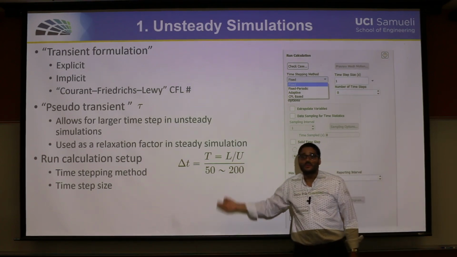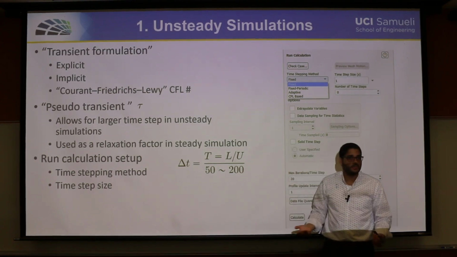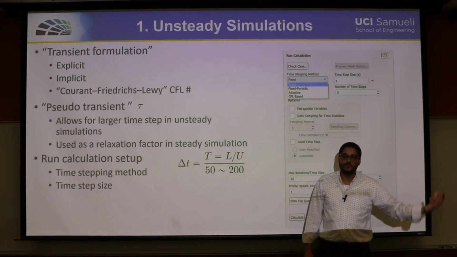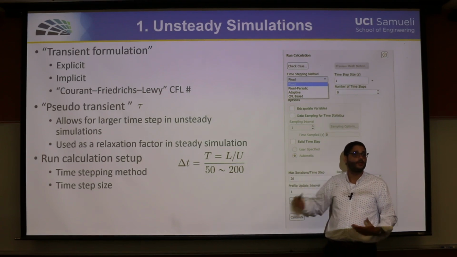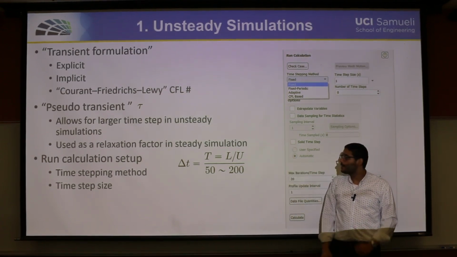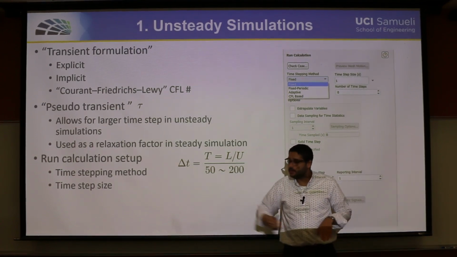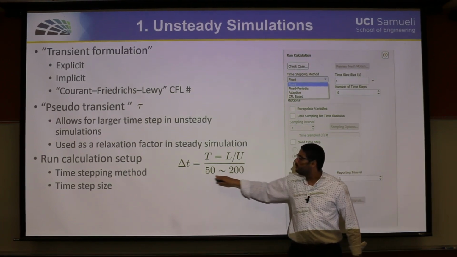And I would like to simulate at least 10 cycles for a transient simulation to get a steady state solution, or for your solution to forget the memory effects of your initialization and the boundary conditions that you're applying. So after 10 cycles, you will find that this number will always be relevant.